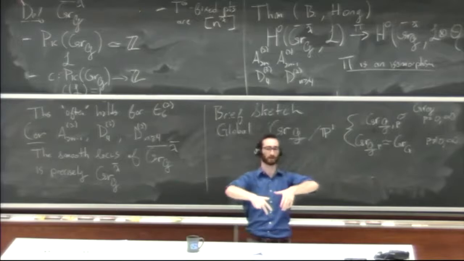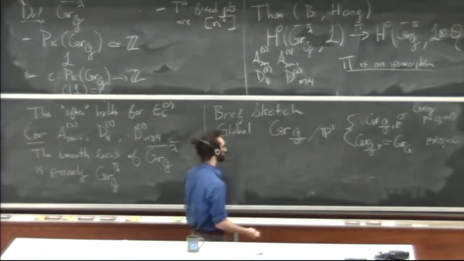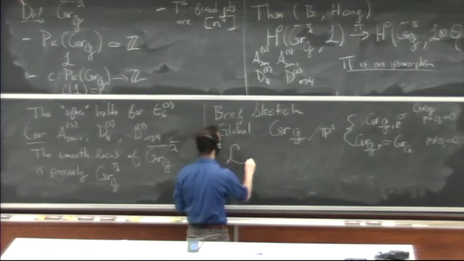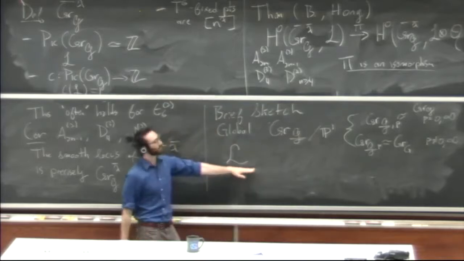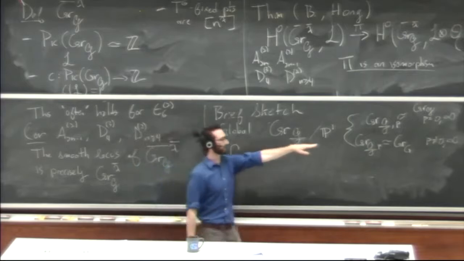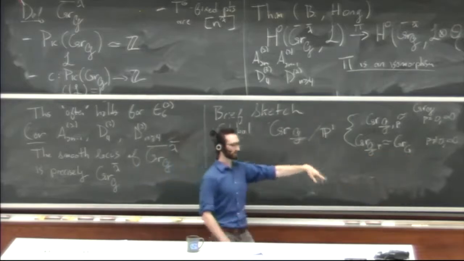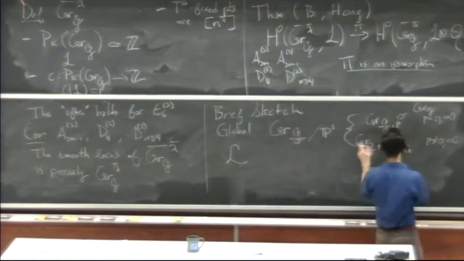And once again, in this setup, we can build a global line bundle, L, such that when you restrict L to each of the fibers, the line bundle that you get on each of the fibers is precisely the ample generator on each of the fibers.